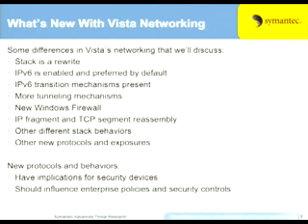IP and TCP fragment reassembly is different. There's other different stack behaviors and other new protocols and exposures. When you have these new protocols and behaviors, these have implications for security devices, and they should also influence enterprise security policies and controls.